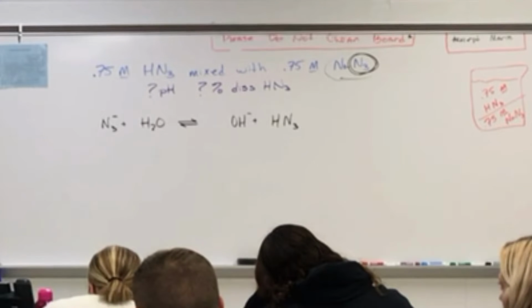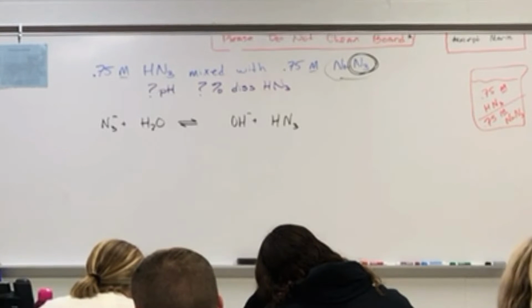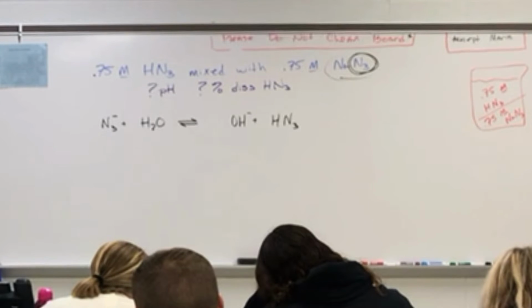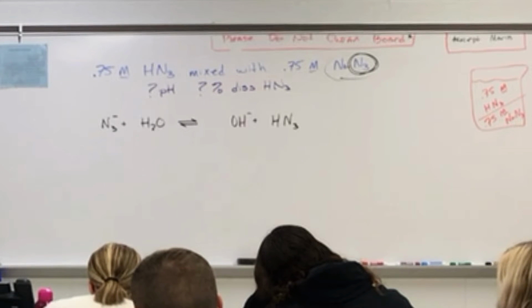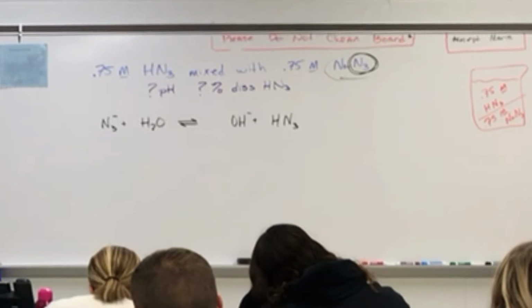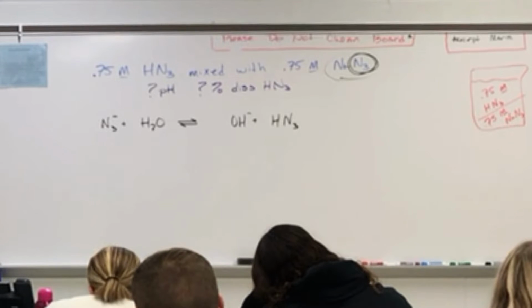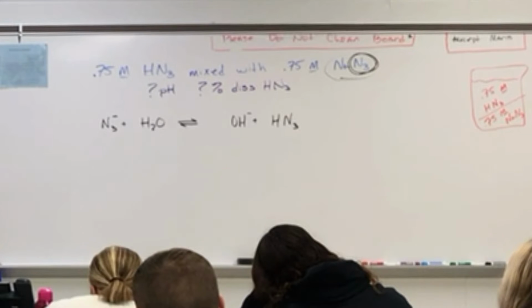You guys are missing the obvious one. Max? Is it NaOH plus HN3 to NaN3 plus H2O? But there's no sodium hydroxide anywhere. Zoe? Can you just flip the equation around?